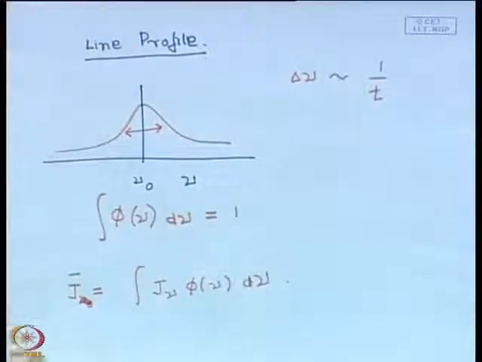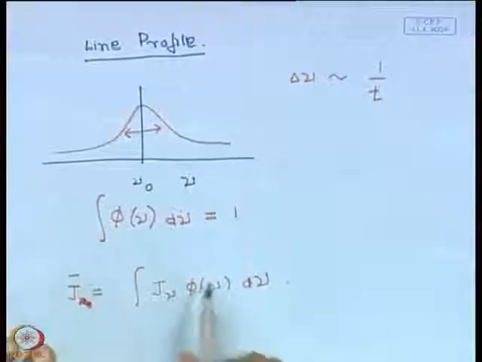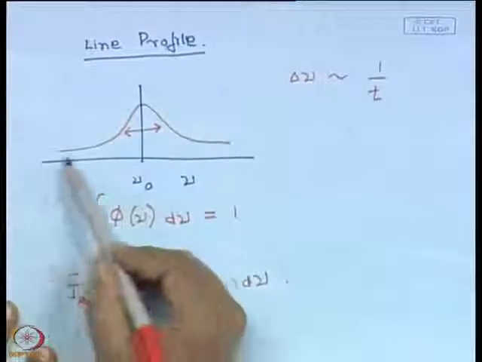So, it is the average specific intensity, angle average specific intensity, also averaged over the line profile.